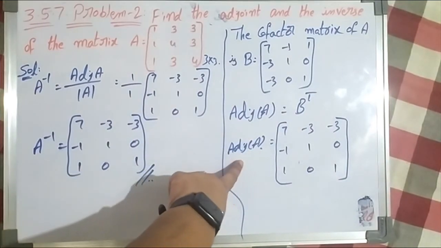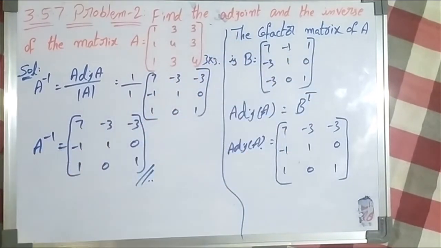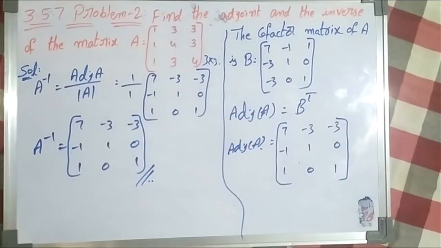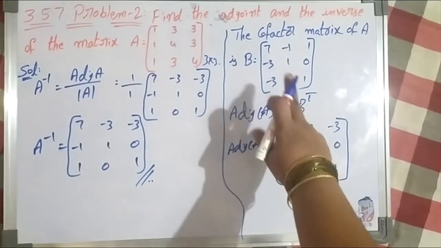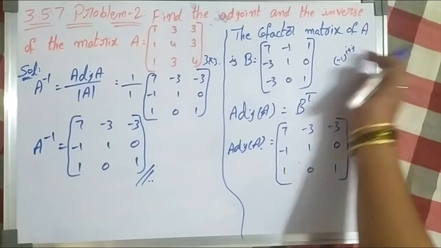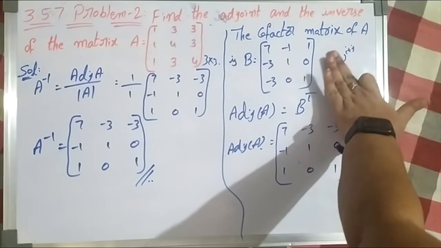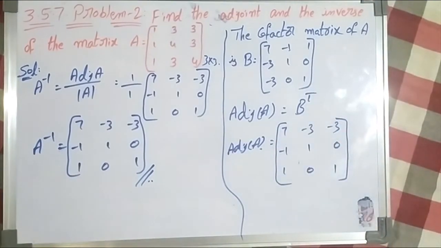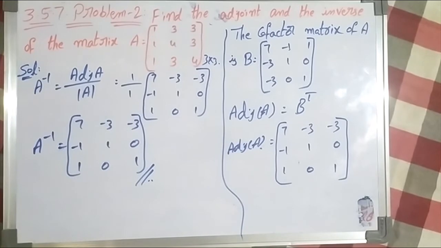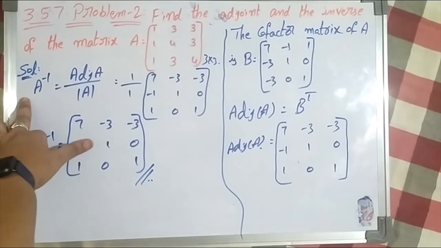For finding the adjoint, first we find the cofactor matrix of A, let it be B. Each element is calculated by the formula minus 1 whole power i plus j into the minor of that element. Then adjoint of A equals B transpose, and finally we find A inverse.